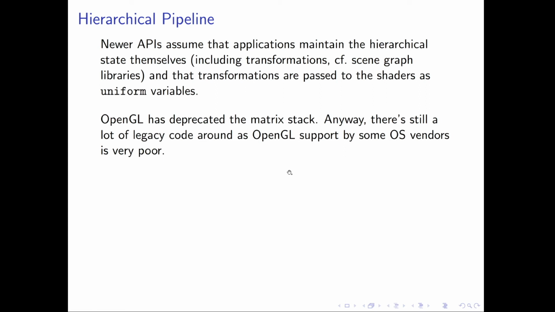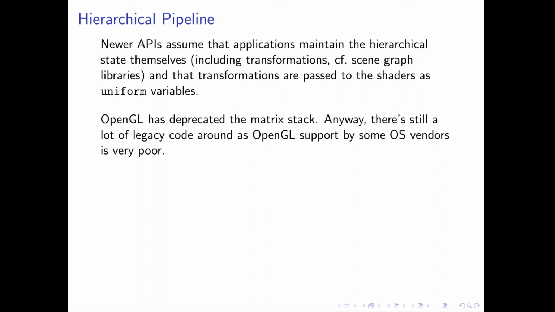But what should be noted is that there's still lots of legacy OpenGL code out there, and that also has to do with the deprecation mechanism of OpenGL. Even today, it is perfectly valid on all relevant OSs to write OpenGL 1.2 code or 2.0 code that uses all those features, like uses the matrix stack, uses immediate mode geometry specification, and all that.